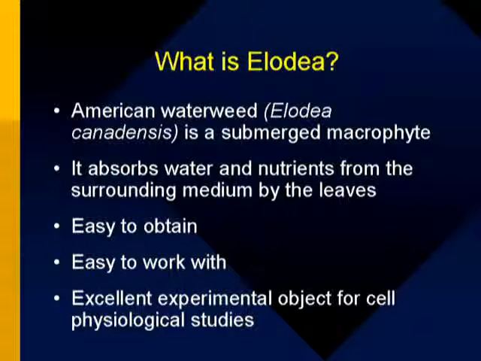Apart from this, this plant is very easy to work with, because the leaves can be stripped off very easily and can be put into any kind of experimental media, and then the physiological actions can be easily studied.